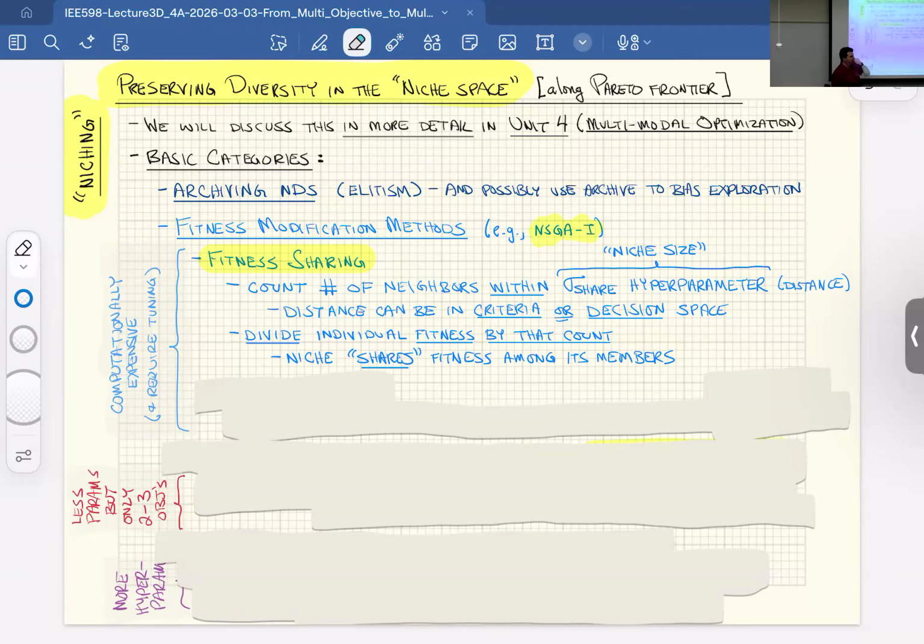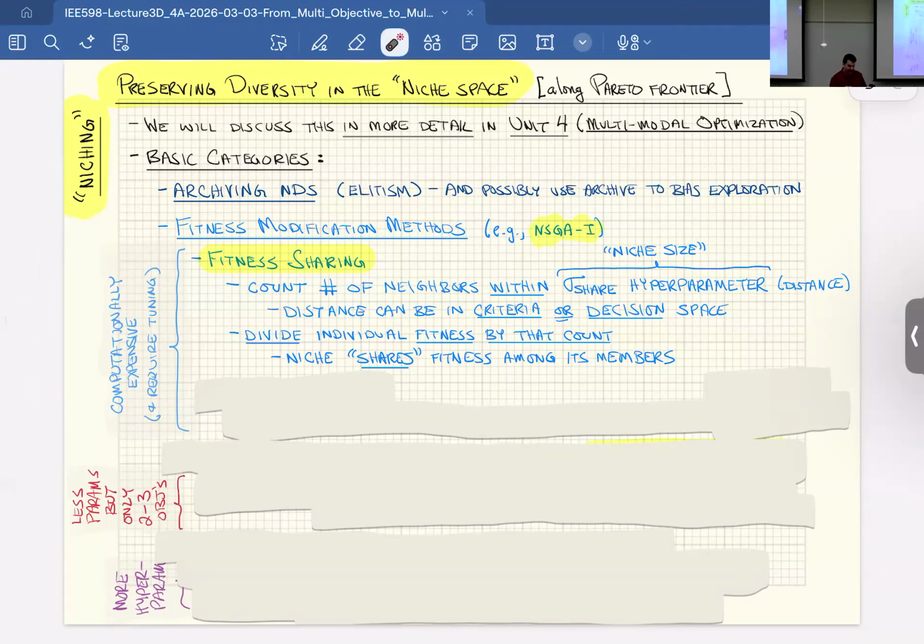In fitness sharing, which I'll show you more detailed formulas for in multimodal, the idea is you count, and this goes back to an earlier question about how big the niches are. For every individual, you calculate their fitness based on Pareto ranking, for example, and then you count how many individuals are within this sigma share, this radius of you.